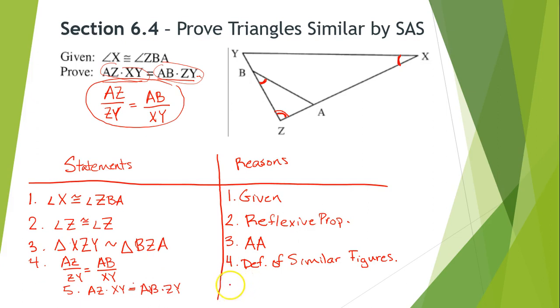And what you use there is multiplication, or cross multiplication. You can state cross multiplication, or you can just simply state multiplication property. And we are done, because we have proved our statement up here. Okay.